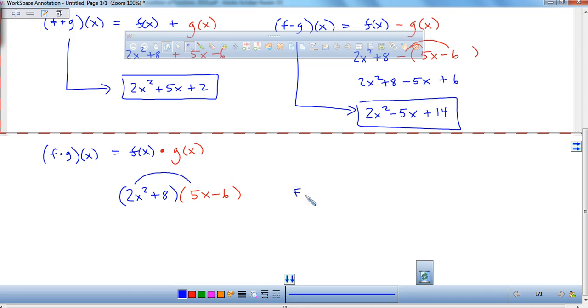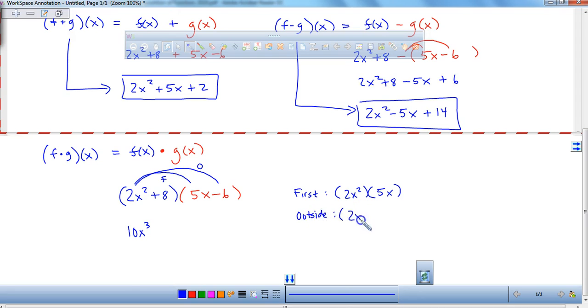Just remember the FOIL method. F represents the first products. Our first products are 2x squared and 5x. So 2x squared times 5x is 10x cubed. Then we're going to do the outer products, also sometimes called the outside.